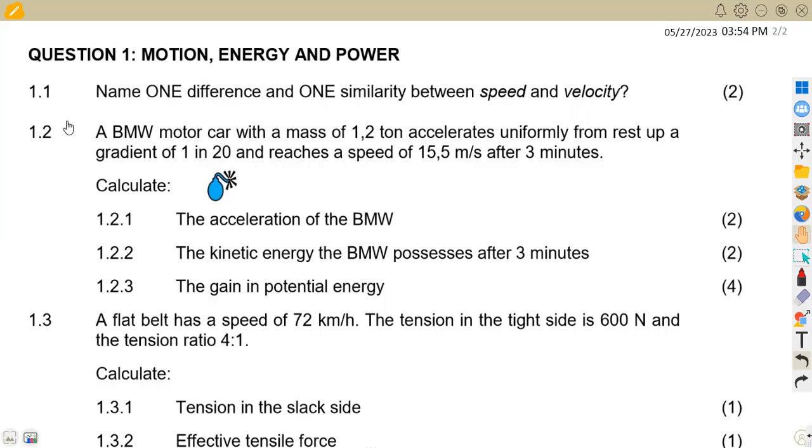So we are given the first part of the question, to name one difference and one similarity between speed and velocity. Okay, what is it that we have between these two?